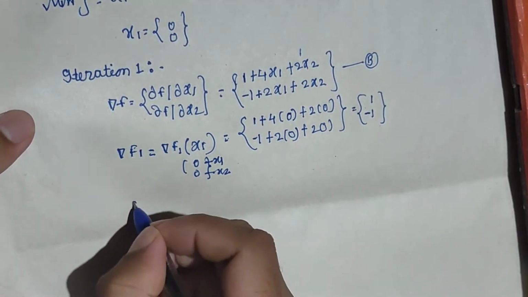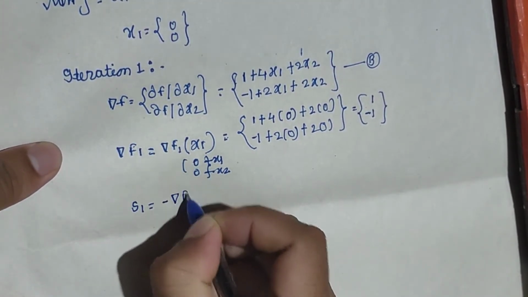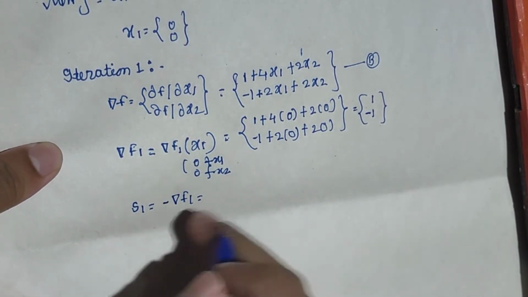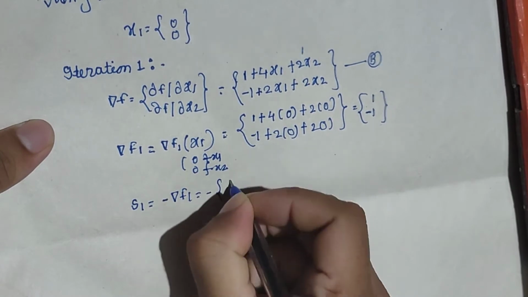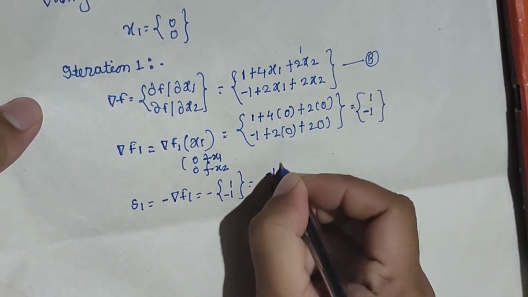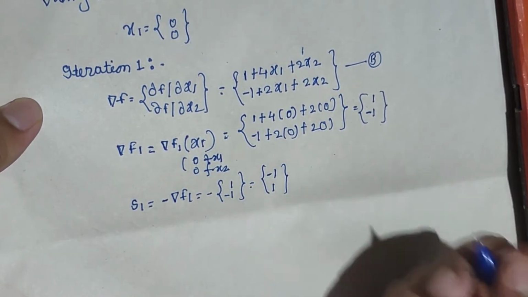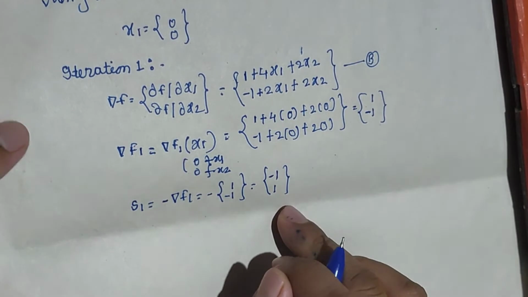Now we have to find s1, where s1 equals minus del f1. So we simply multiply these values by minus, and we get s1 equals minus 1 and plus 1.